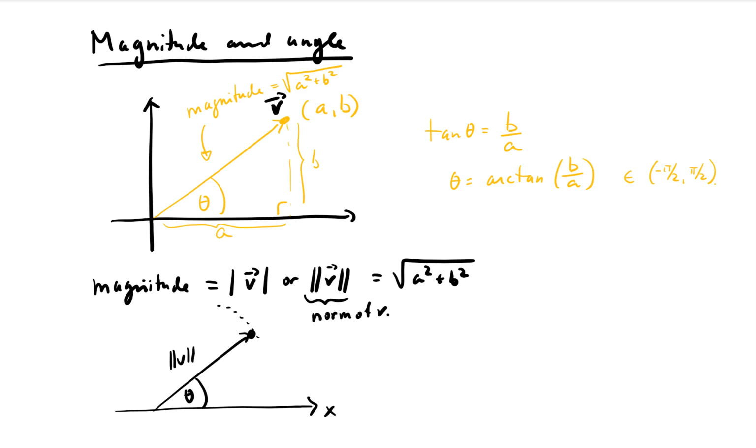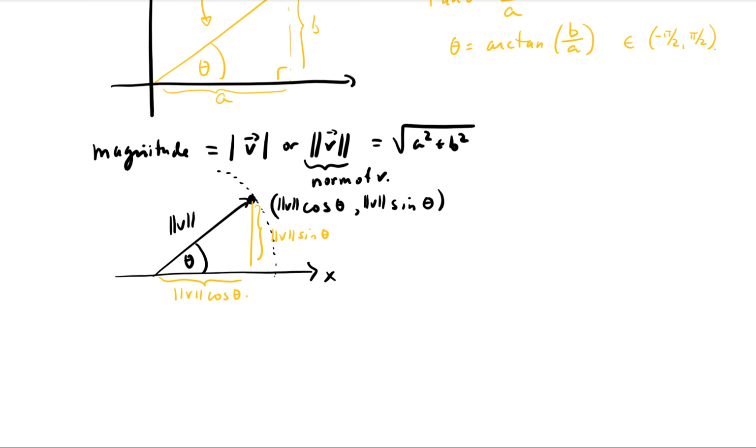Well, imagine the head of the vector is on a circle with radius norm of v. If it were a unit circle, the coordinates would be cos theta, sine theta, but everything has been magnified by a factor of norm of v, the magnitude of the vector. So this side here is norm of v sine of theta, and this side here is norm of v cos of theta.